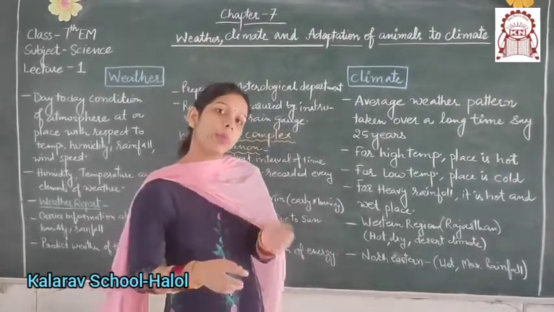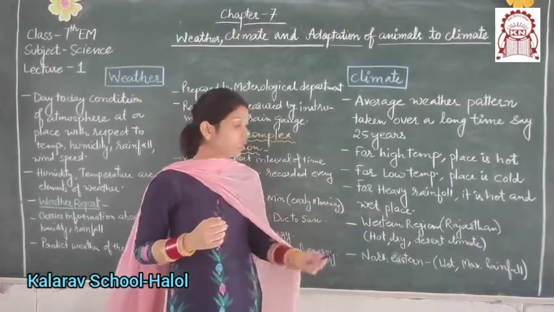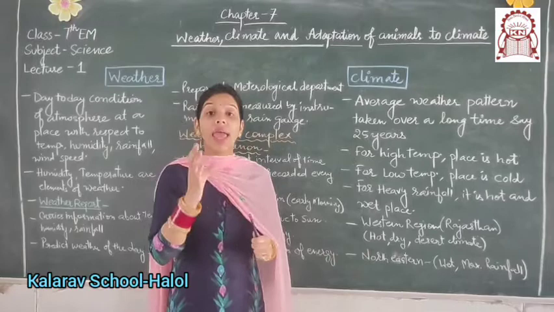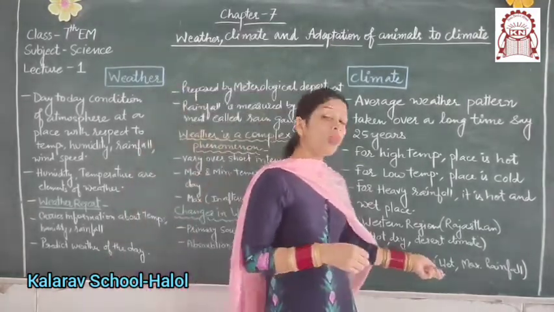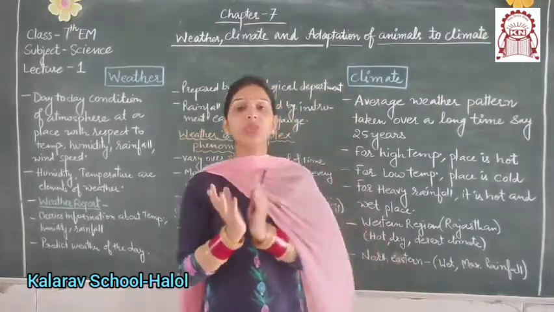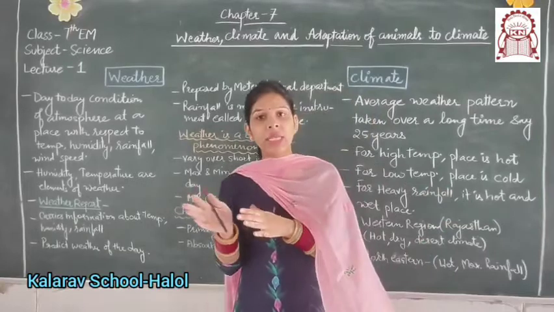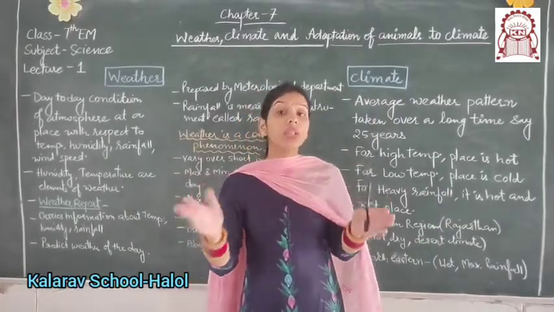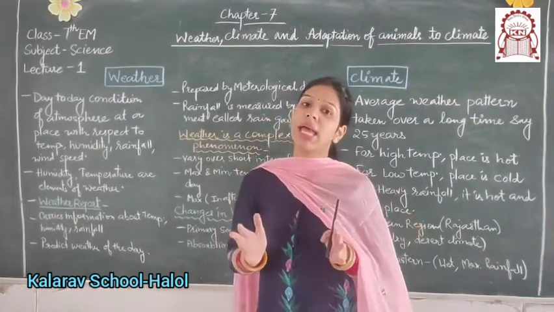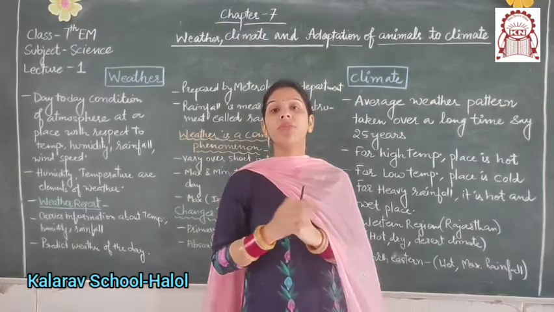That's why those places are hot as well as dry. On the other side, the northeastern region has heavy rainfall. That's why they have wet places. So in this way, if we note the pattern of a particular place over many years, that pattern describes the climate of that place.